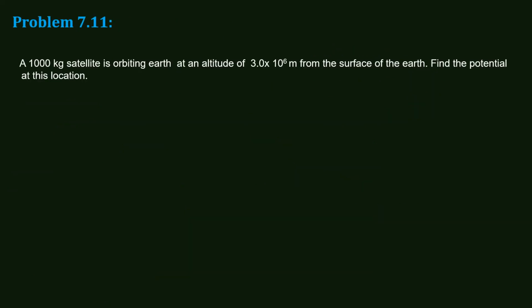So let's look at an example. We have a 1,000-kilogram satellite that's orbiting Earth at an altitude of 3 times 10 to the 6 meters from the surface of the Earth. Find the potential energy at this location. Okay, so let's break down what our R is. Our R is an altitude and the radius of the Earth.